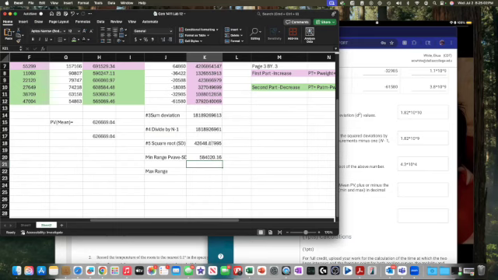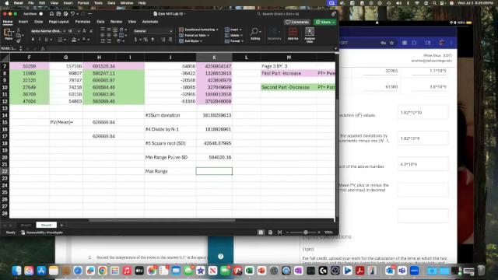That's for the minimum one. The maximum one is going to be equal to PV average plus standard deviation.